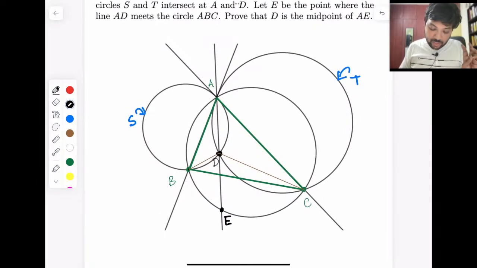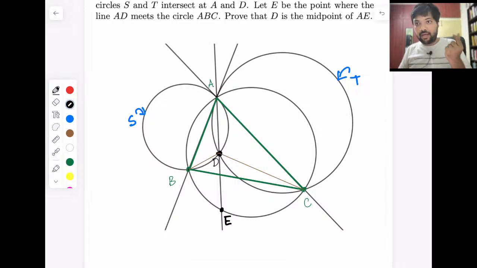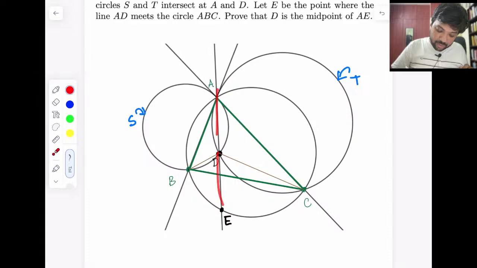Let me know if you don't follow anything, ask me questions in chat, but the plan is to show this is equal to this. For that we are going to chase angles after joining. I am going to use the alternate segment theorem. Notice that this is a tangent to circle S and this is a chord.